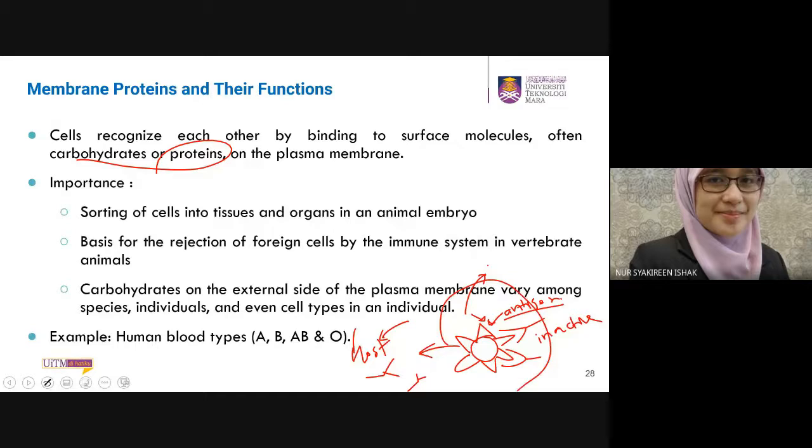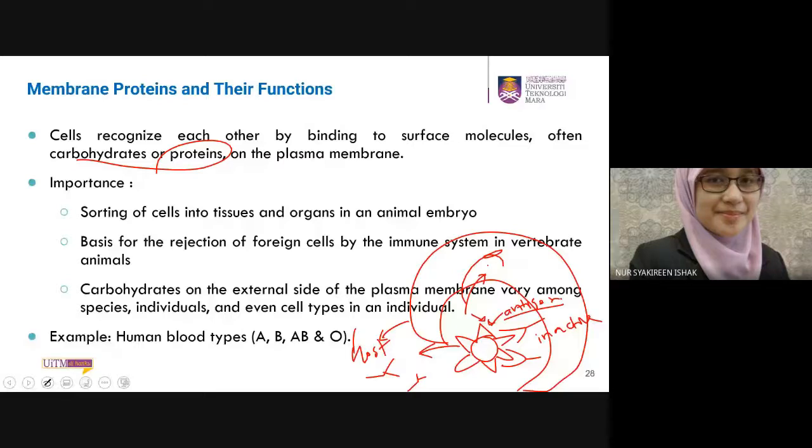We call it macrophage. This macrophage will engulf the virus or the pathogen or other foreign cell that enters into your body, engulf and then destroys. Engulf through phagocytosis lah. So itu contoh yang mudah untuk fahamkan basis for this rejection of foreign cell by the immune system.